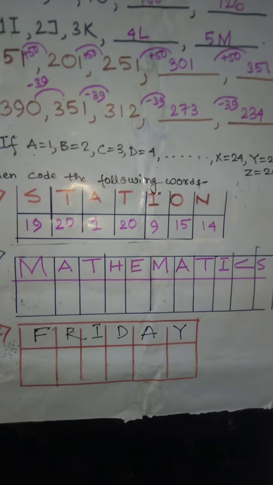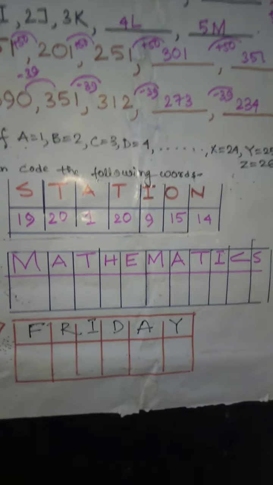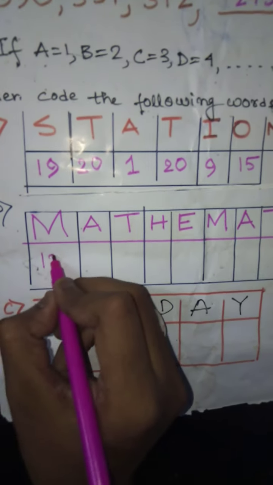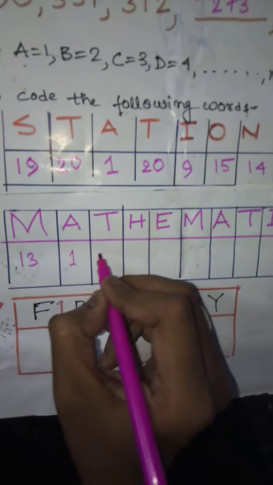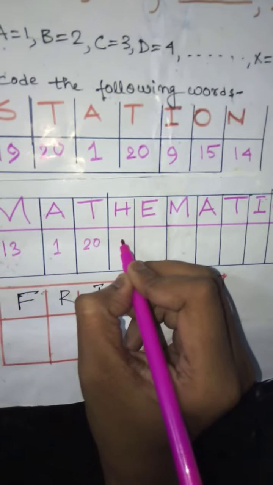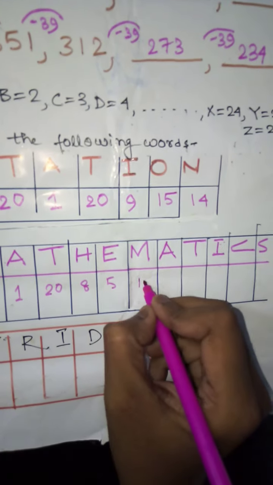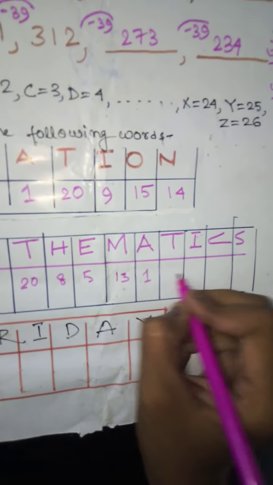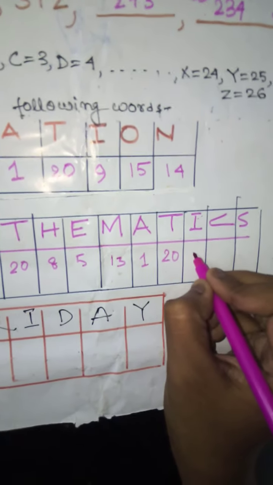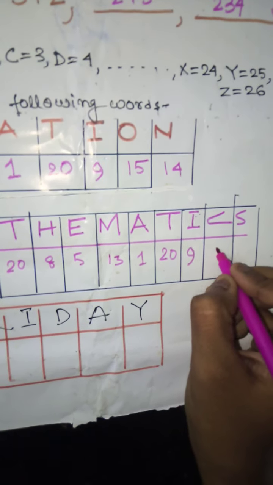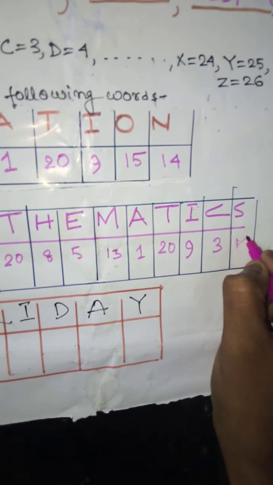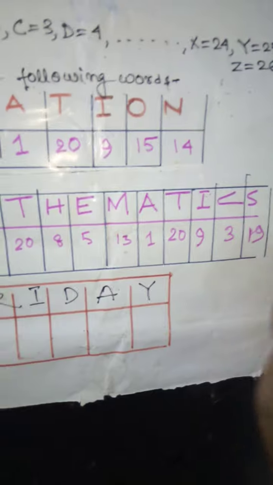Now the next word that we need to code is based on our subject, mathematics. So we again try to code it. For M we'll put 13, for A we'll put 1, for T 20, for H we'll put 8, for E we'll put 5, for M we'll put 13, for A we'll put 1, for T we'll put 20, for I we'll put 9, for C we'll put 3, and finally for S we'll put 19.